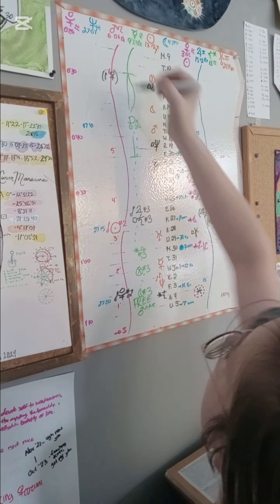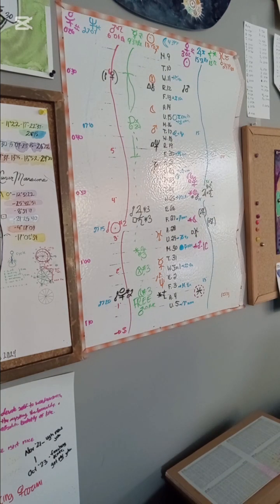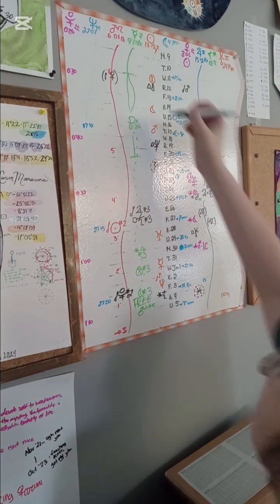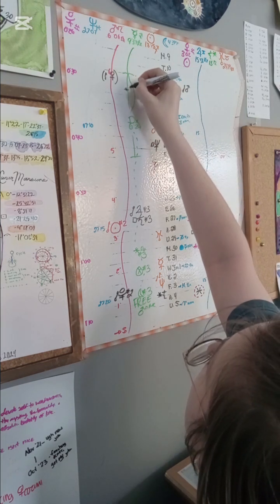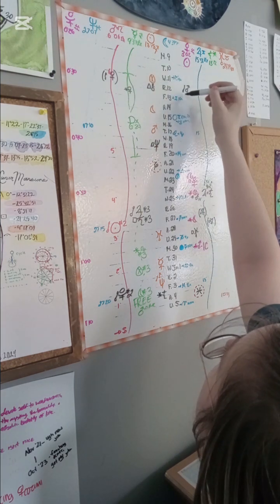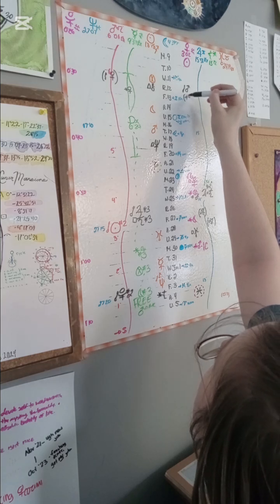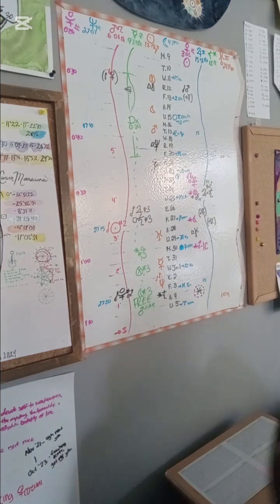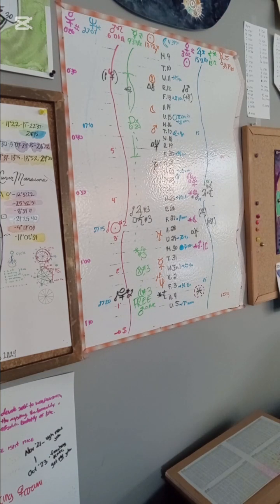Uranus is moving really slow, so I just put the end degree at the bottom of the calendar as a reference point, in case I want to know where he's going to end up, since there are no aspects happening for me to have a good reference point.